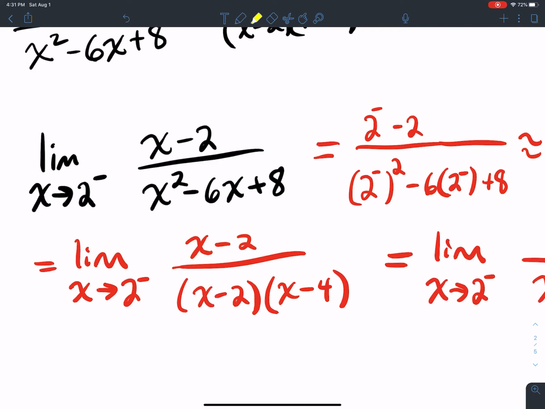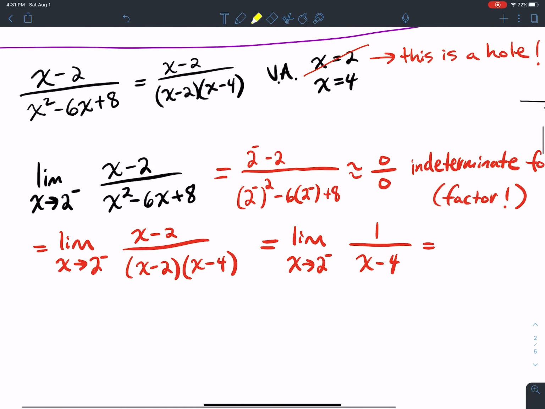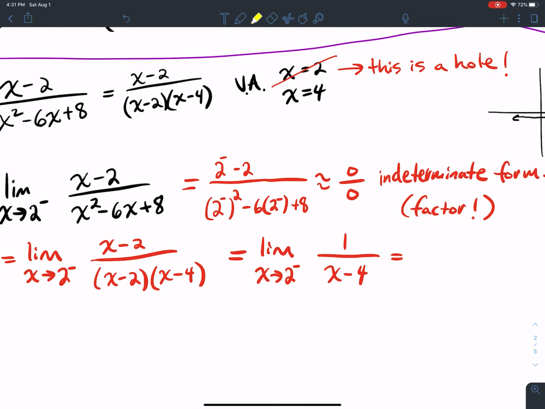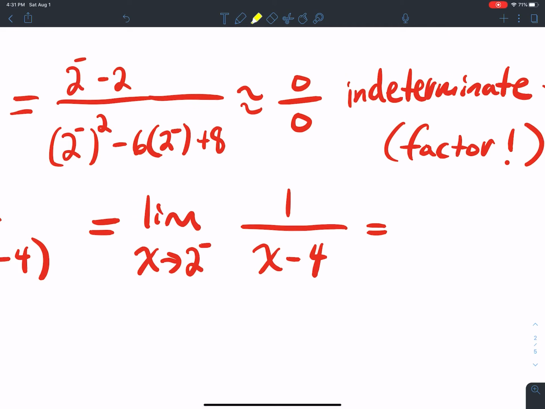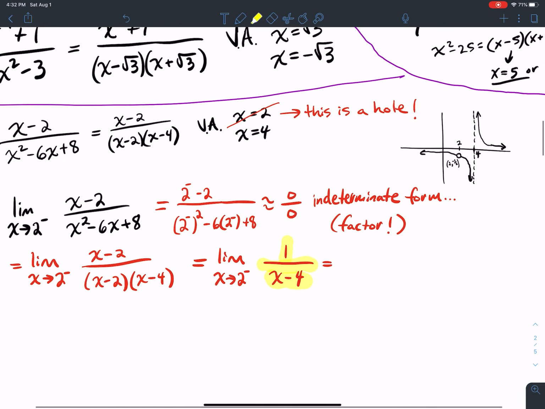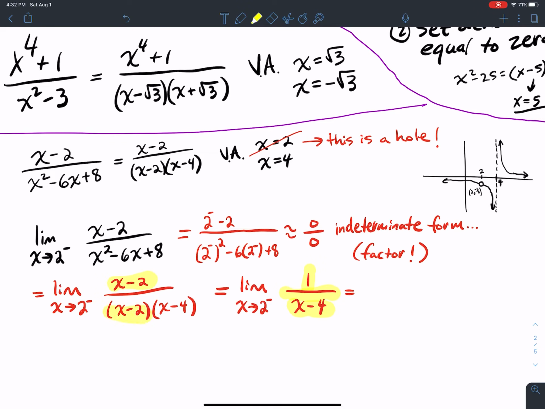So the limit as x goes to 2 from the left is 1 over x minus 4. I literally canceled these right here. And when I plug a 2 in, I get 1 over 2 minus 4, which is negative 1/2.